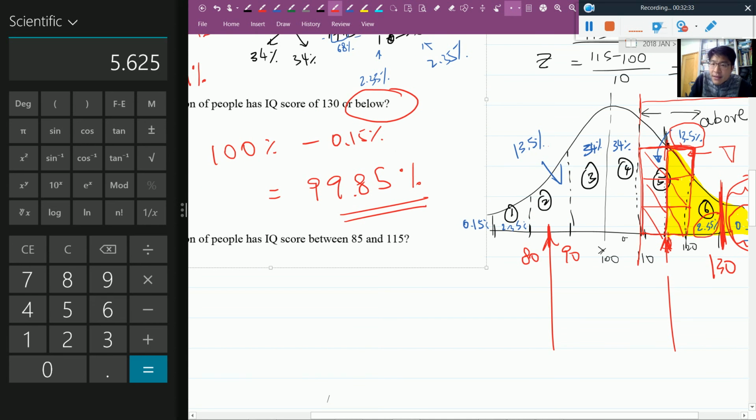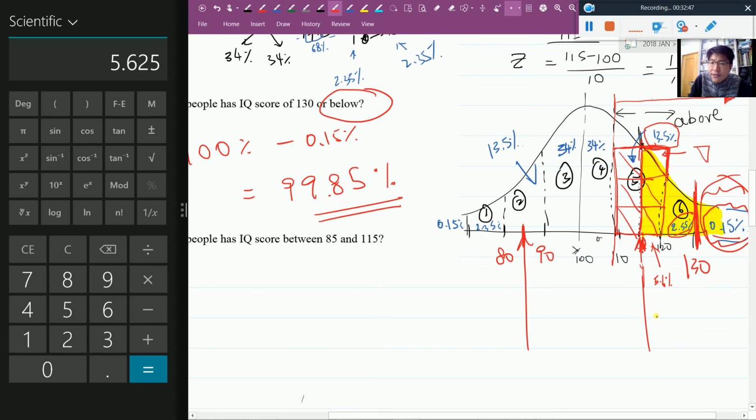So if we're looking at this region here, it is about 5.6%, and then you plus 2.35 plus 0.15, we've got this all together equals 8.1%. Basically as the graph is symmetrical, this one is 8.1% beyond 115. The one that is smaller than 85 would be 8.1% as well.